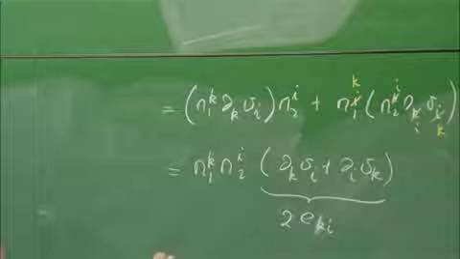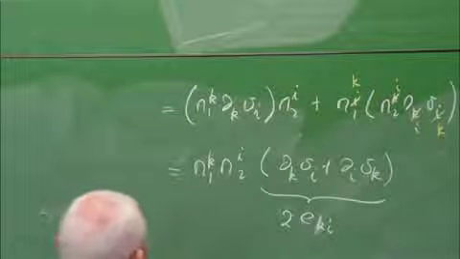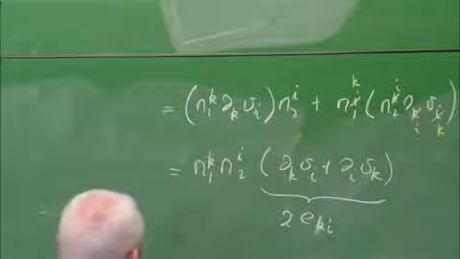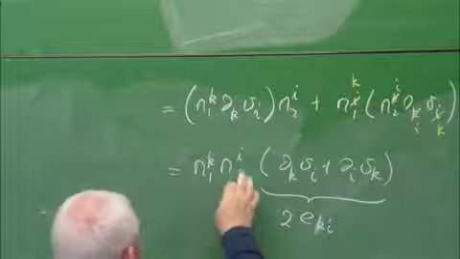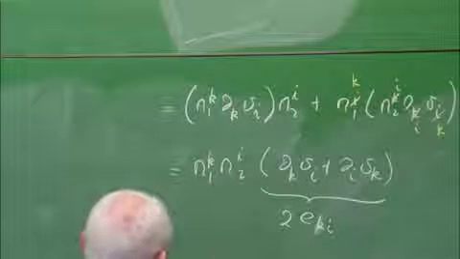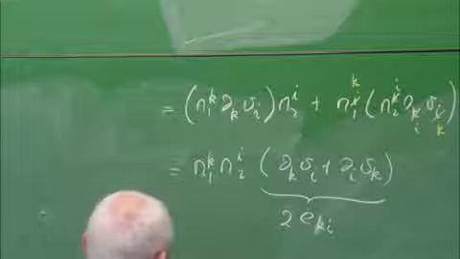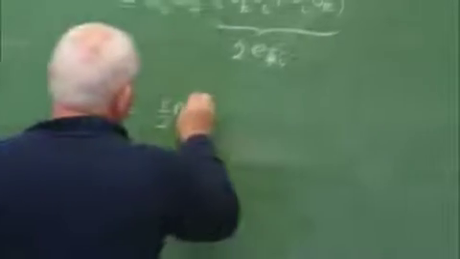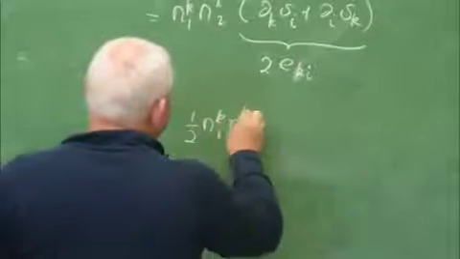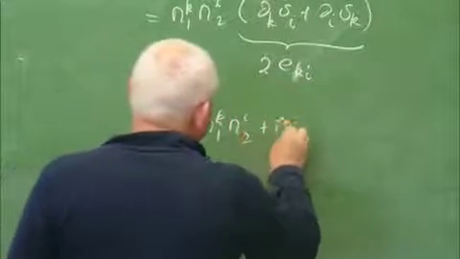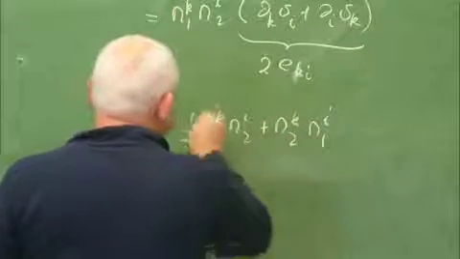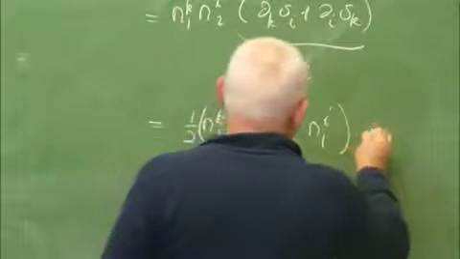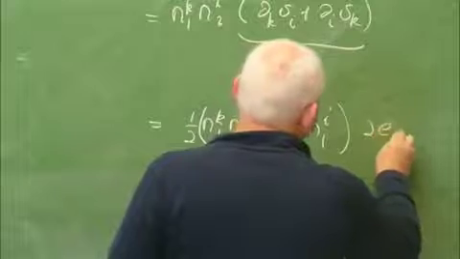In fact, you can rewrite this formula symmetrizing this expression, the n1k n2i, you can symmetrize and write it as 1/2 n1k n2i plus n2k n1i times 2 eki.